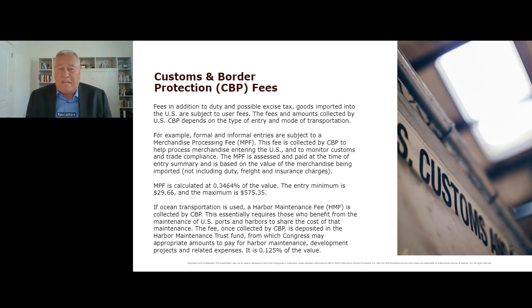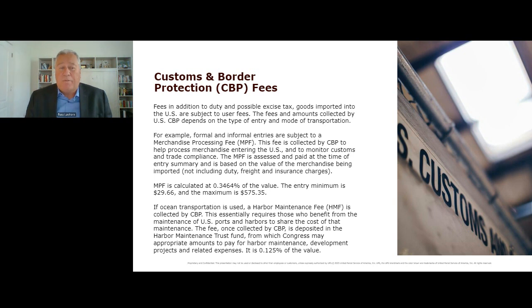And MPF is calculated at 0.3464% of the value. So the entry minimum, right? Let's say you take the value of your goods, you multiply it by 0.3464, and you're below $29.66. That's the fiscal year 2023 MPF rate. So these rates every year in October, CBP in the past 5 years has raised them. They keep the calculation the same, 0.3464, but the minimums and maximums both get raised.